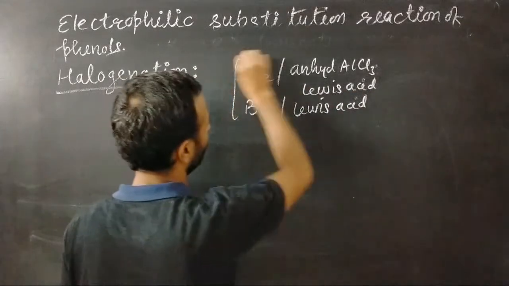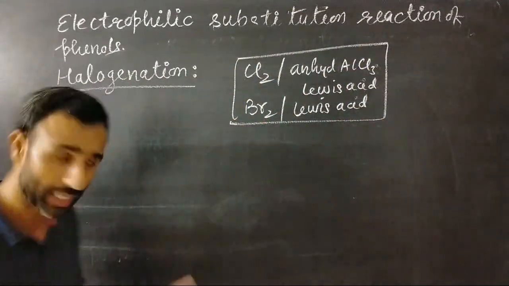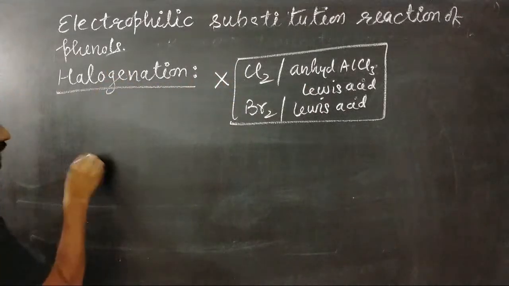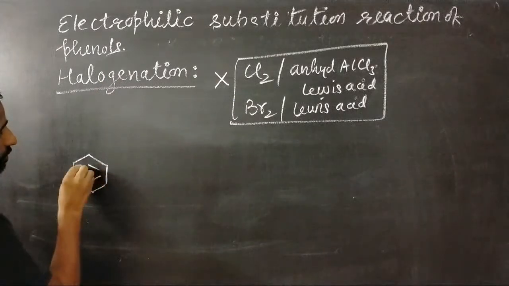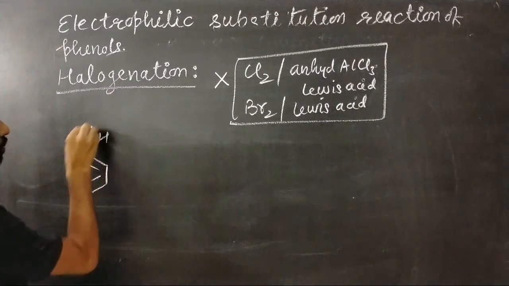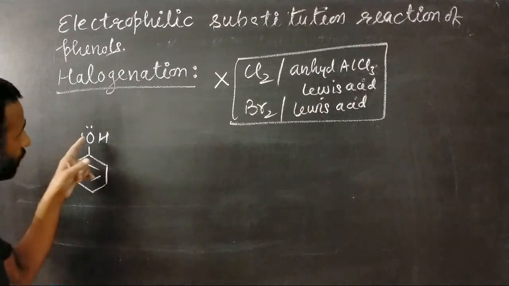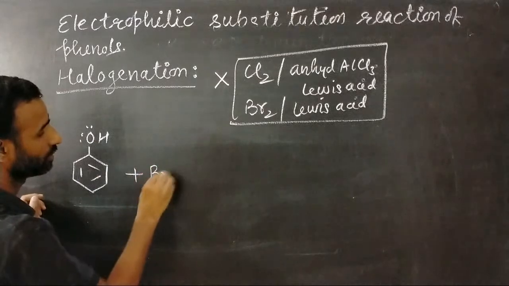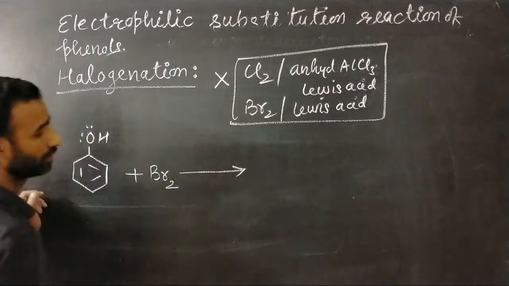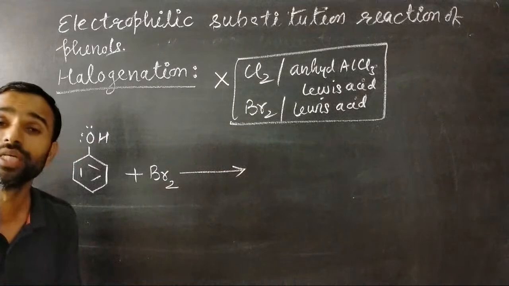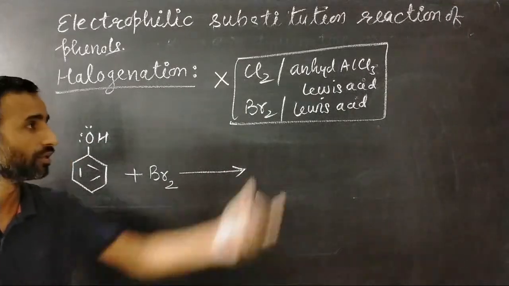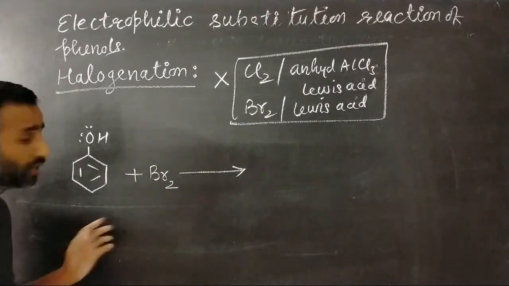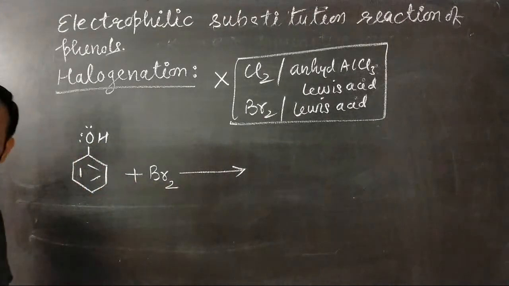But keep in mind, when halogenation of phenol takes place, as OH is an activating group, because of its activating nature we can do chlorination or bromination in the absence of Lewis acid, because OH can activate the ring to such an extent and it polarizes the halogen as well.